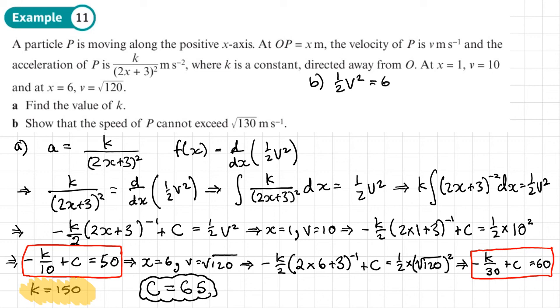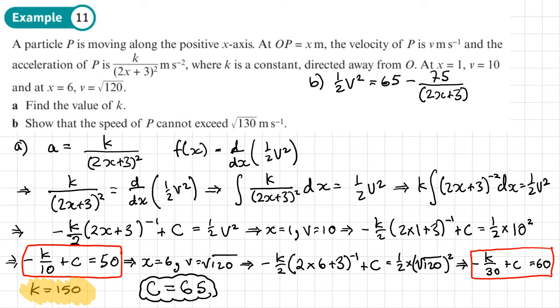So 65, that was my value of c, so that's coming from here, and then minus k, which is 150. So 150 over 2 is 75, so minus 75, and I'll write the -1 part at the bottom, 2x plus 3.